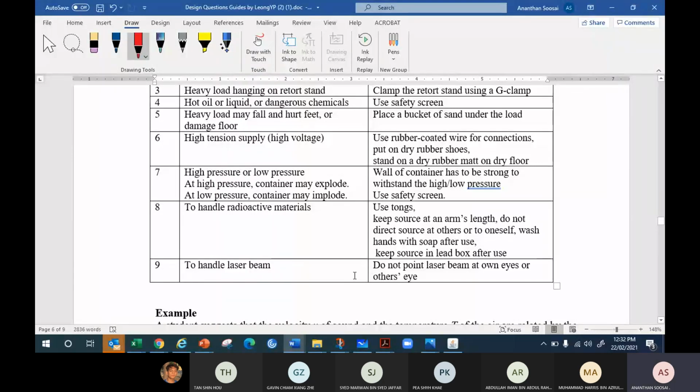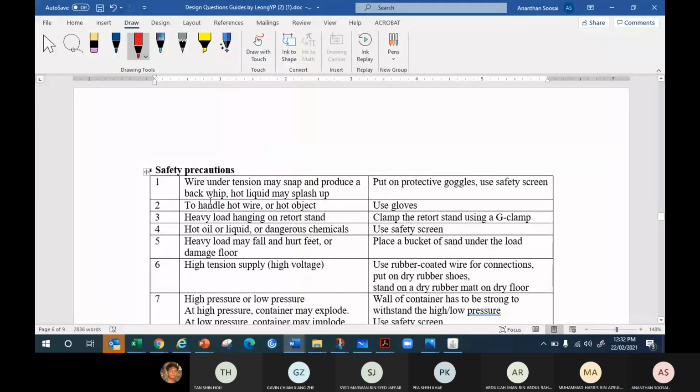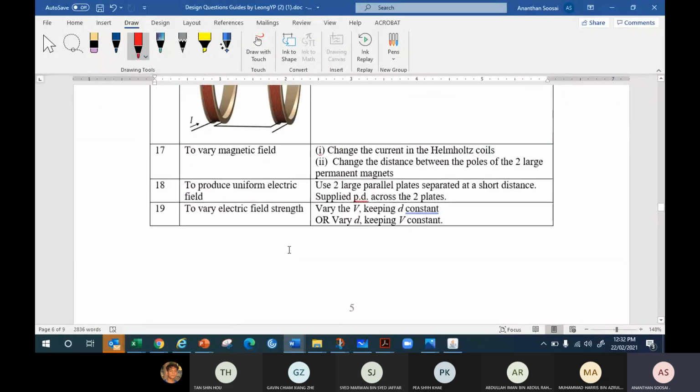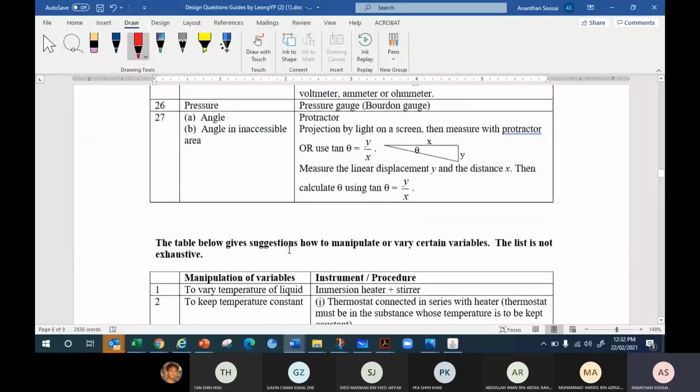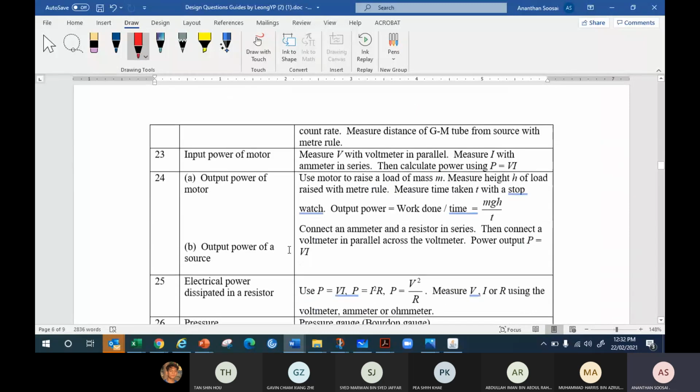Laser, don't directly view the laser beam, it might damage your eyesight. So this is safety. 1 mark is there. So you get the idea. This document helps you to write what instrument is needed for measuring what.